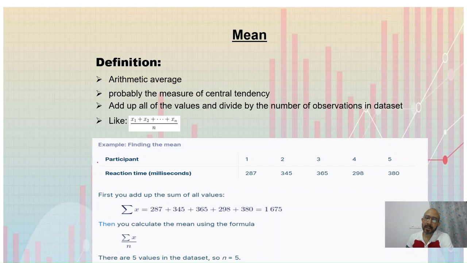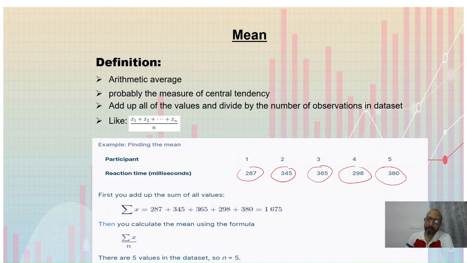Example, finding the mean. Participant first, reaction time 287; second, 345; third participant, 365; fourth participant, 298; and fifth participant, 380. First, you add up the sum of the values.